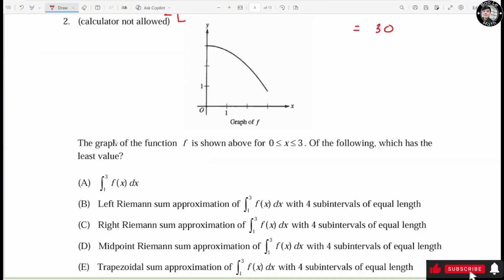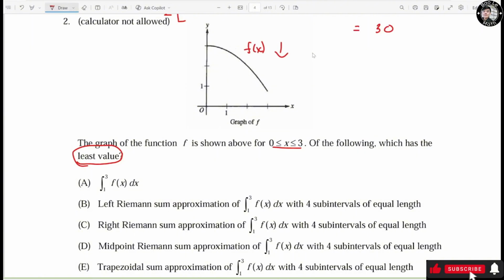Now let's move on to question 2. The graph of the function f is shown above for x between 0 and 3. Which of the following has the least value? Now we look at the graph right here. This is the function f of x, and the function f of x is decreasing.